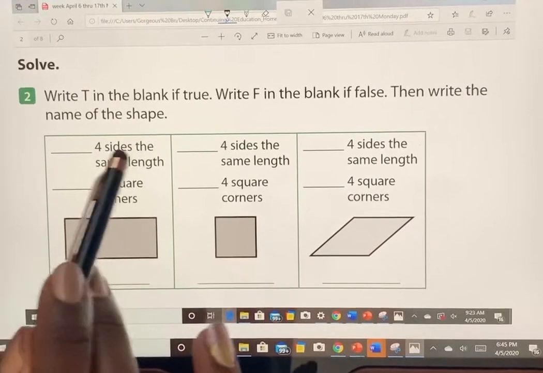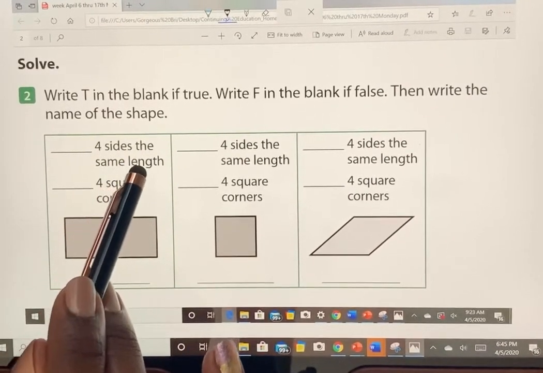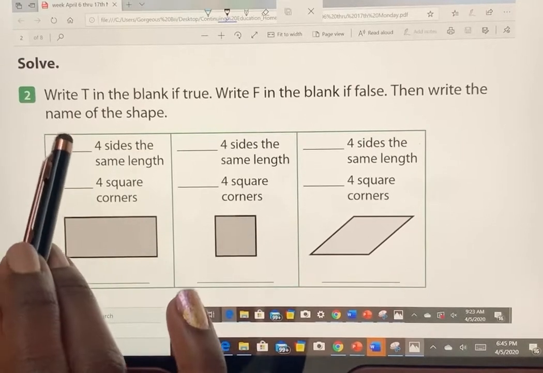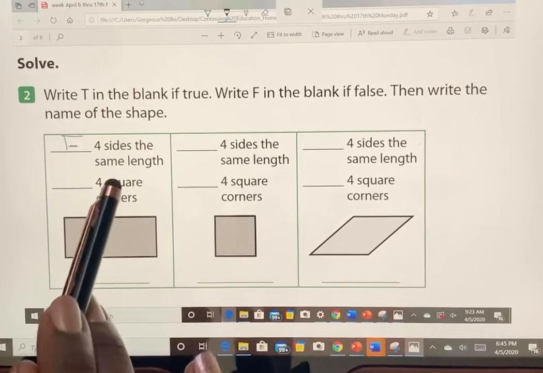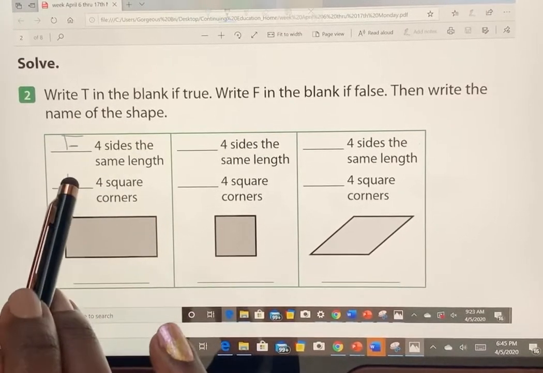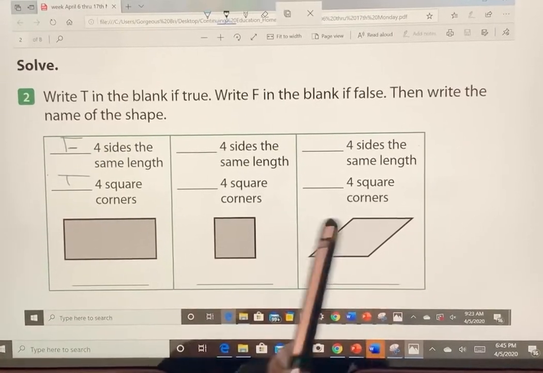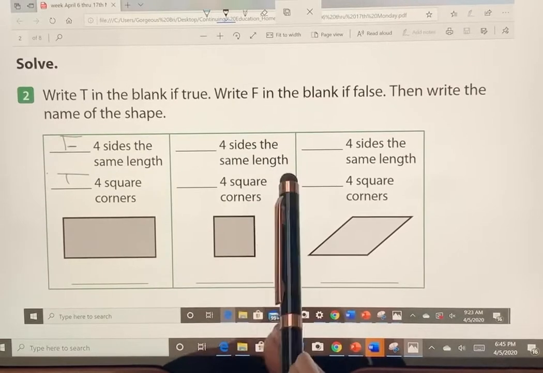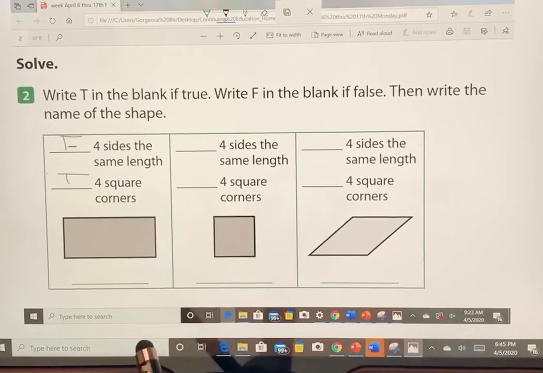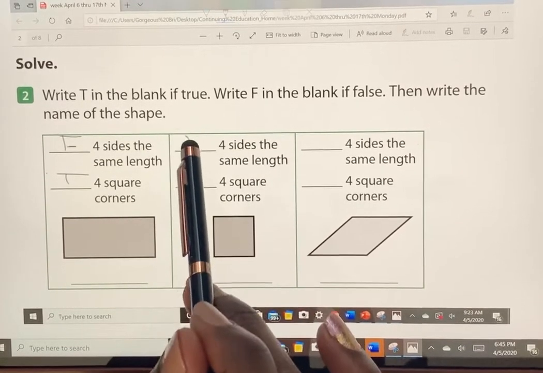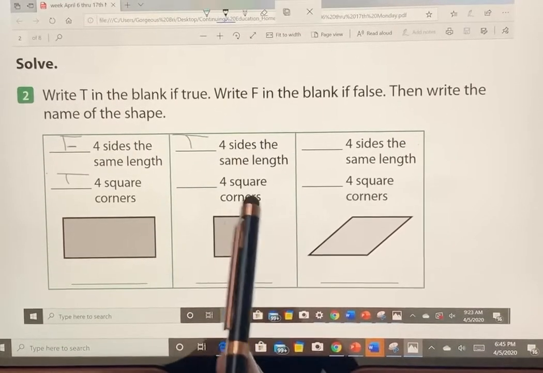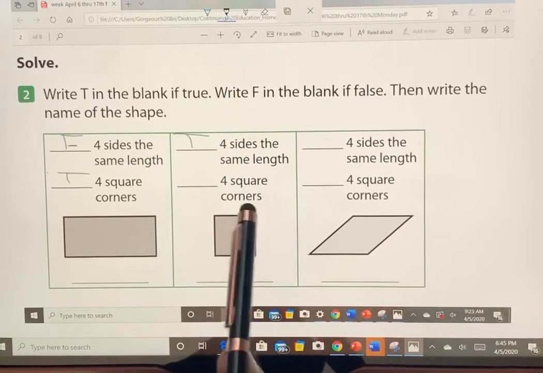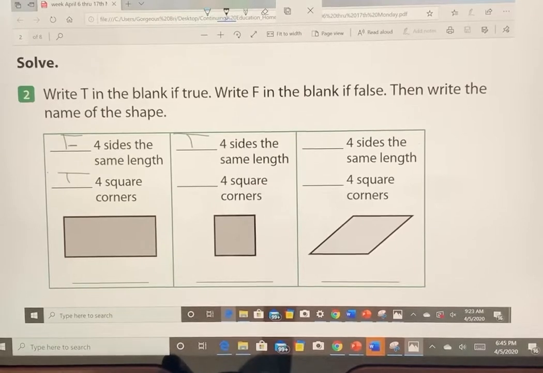So the first one asks if the sides were the same length, that's false. 4 square corners, true. The next shape, 4 sides, the same length. Yes, so true. 4 square corners. Well, again, let's go back.